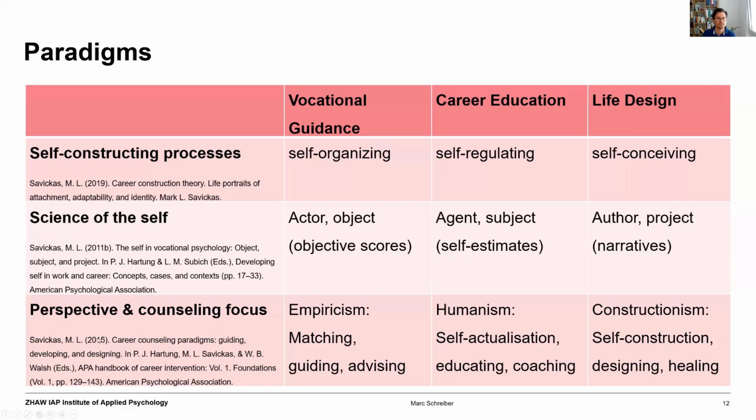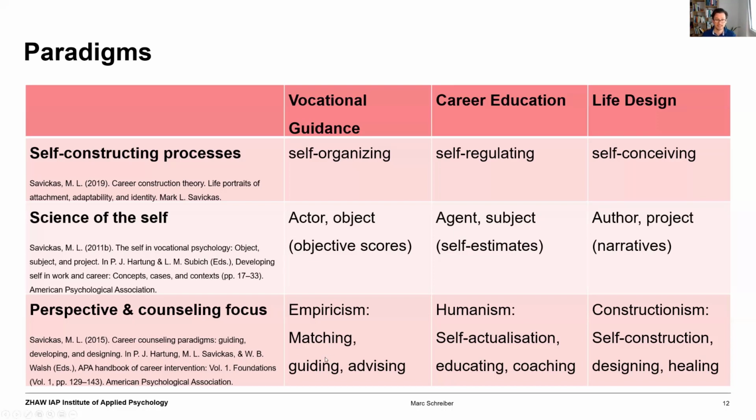And last but not least, the perspective and the counseling focus. Here it's the perspective of empiricism, or we can also say positivism, a very empirically driven, quantitative perspective, where counselors try to match clients to their corresponding working surrounding.